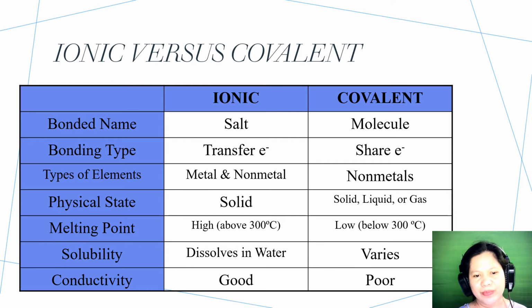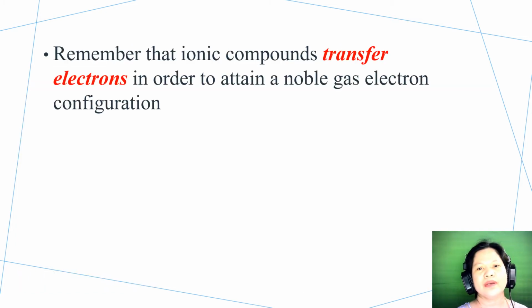Then solubility, ionic compound dissolves in water, while covalent varies. Why varies? Some may be dissolved in water, and some might not be dissolved in water. What about for conductivity? Ionic is a good conductor of electricity, while covalent is a poor conductor. So remember that ionic compounds transfer electrons in order to attain a noble gas electron configuration.